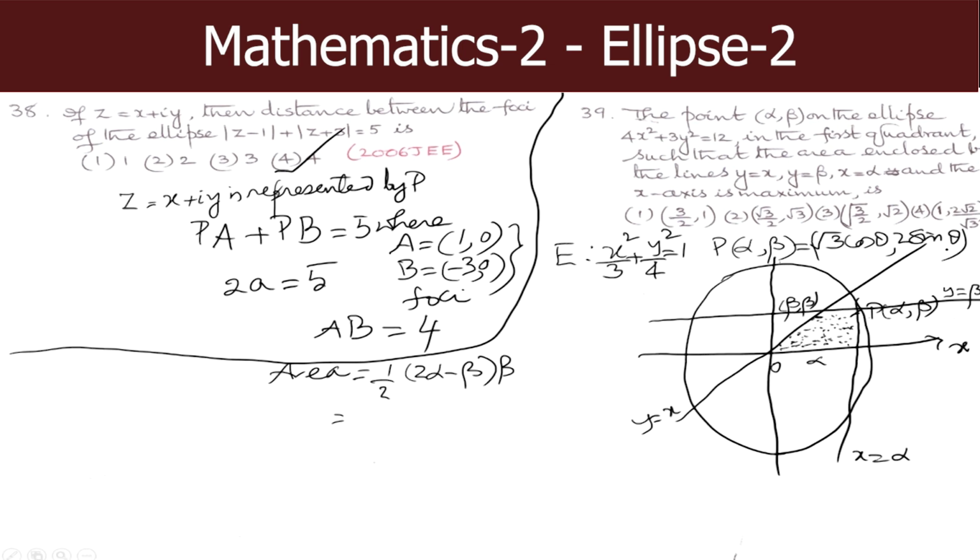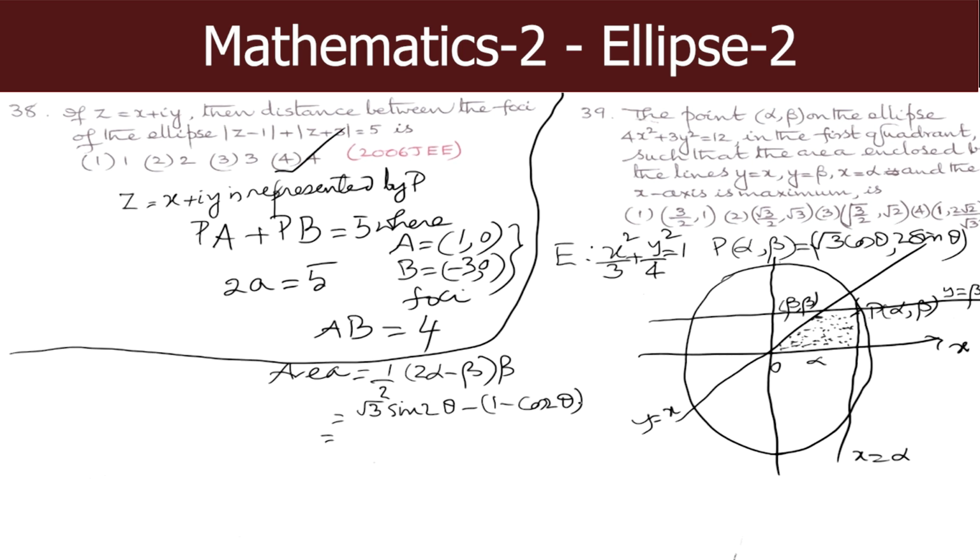So, alpha beta is root 3 sin 2 theta, minus 1 half of beta square, which is 4 sin square theta. So, 1 half of beta square is 2 sin square theta, that is 1 minus cos 2 theta. So, this is root 3 sin 2 theta plus cos 2 theta minus 1.